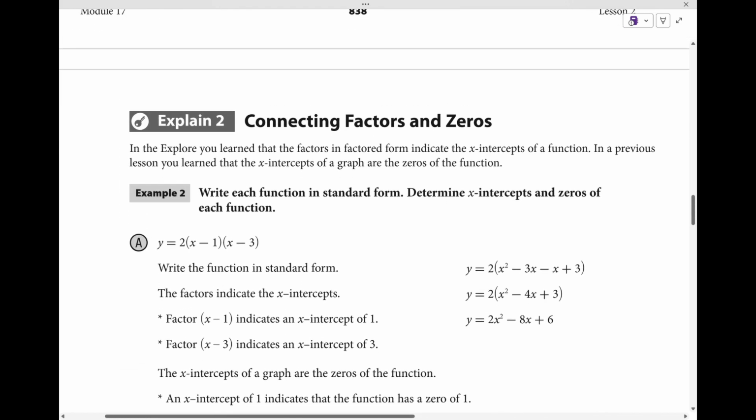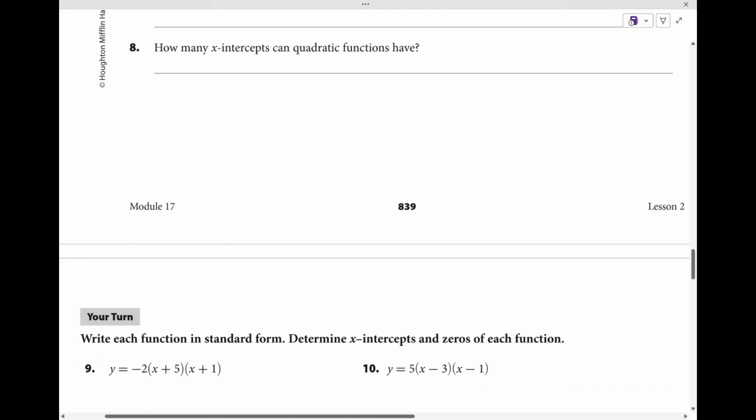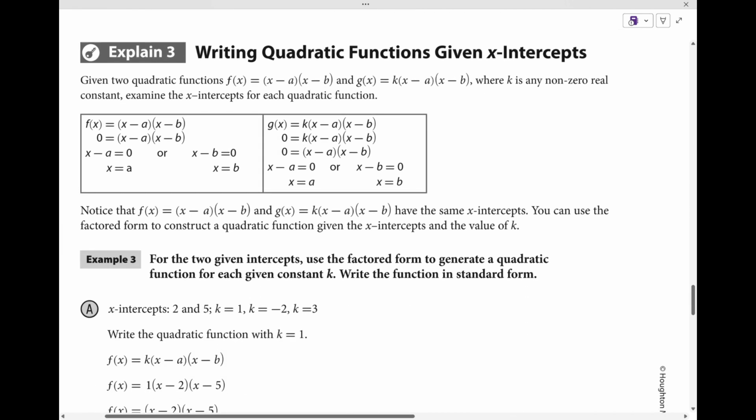Here, just remember that the x-intercepts of the graph are the same thing as our zeros. Okay, we learned that last lesson. We call them zeros. And let's skip over here.